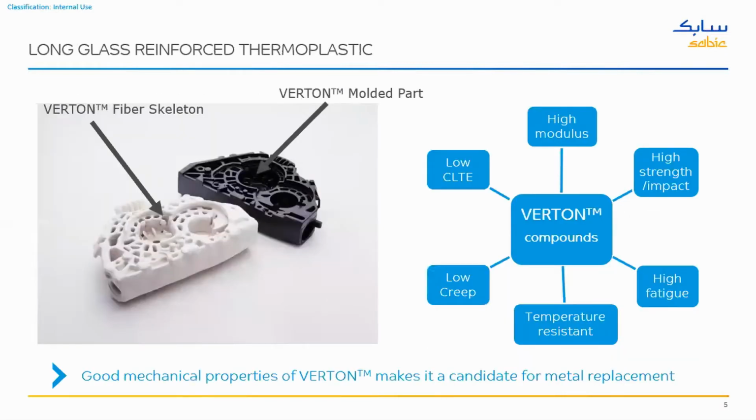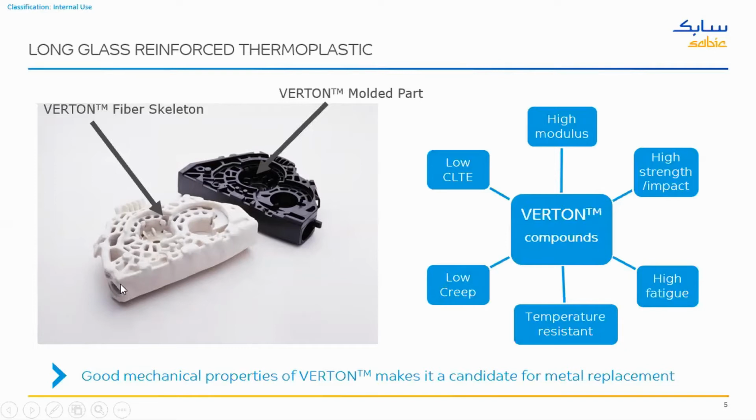With long glass fiber material, we have also seen a lot in the literature that there are significant advantages over the traditional short glass fiber material. Here we can see one very good example of a seat belt pretensioner. The part has been molded with VERTON long glass fiber material, while on the left hand side you can see the image where all the resin has been etched out from the part.